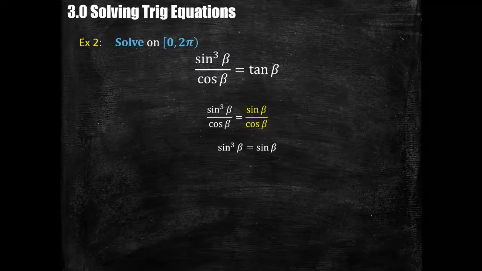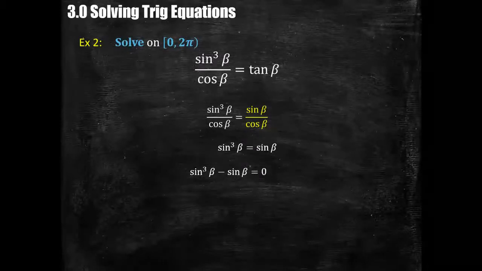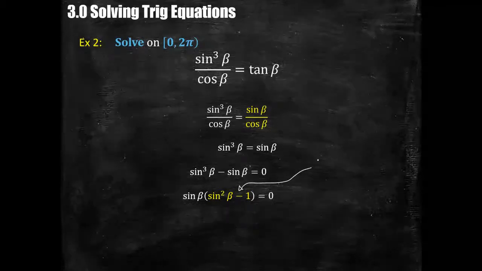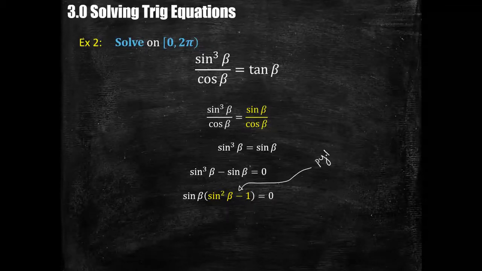So sine cubed beta equals sine of beta, and just like we did on the other one, I'm going to go ahead and subtract sine of beta from both sides. You can factor out what's common, which is sine of beta, and you're left with sine squared beta minus 1 equals 0. And then this right here, I mean, I could use the zero product property right now, but it's really good if we recognize that this is just a Pythagorean identity.